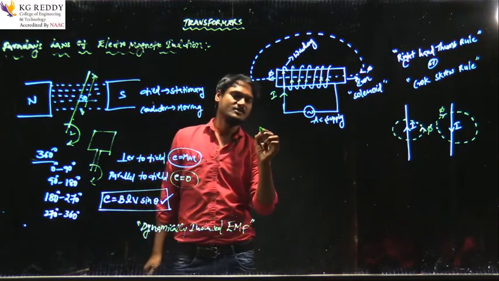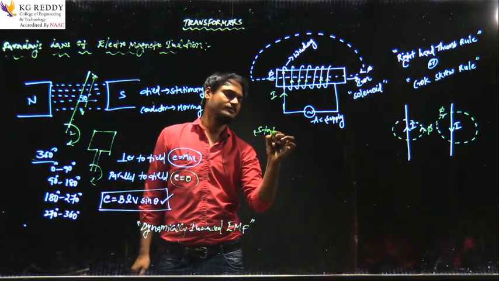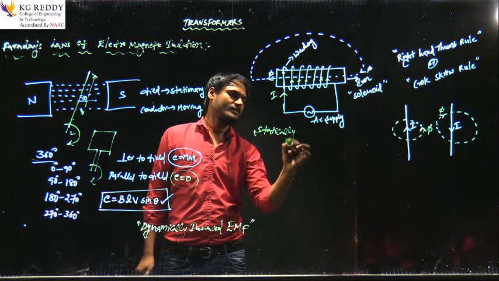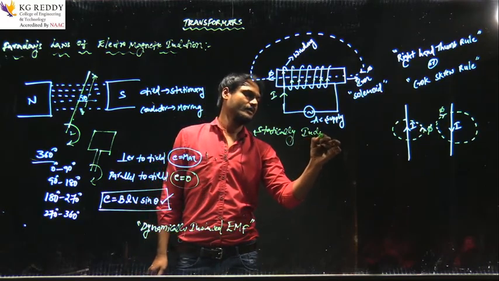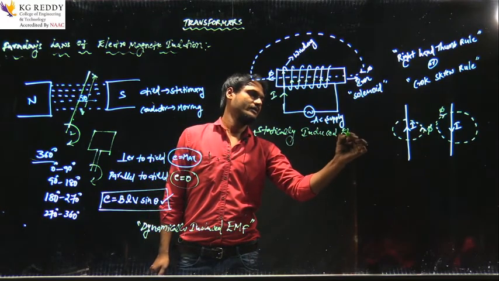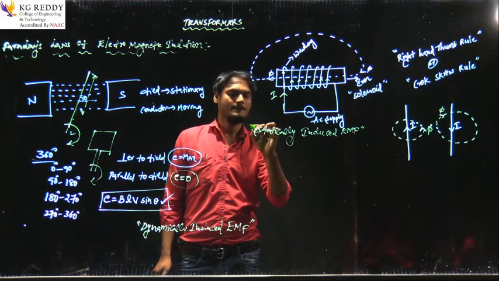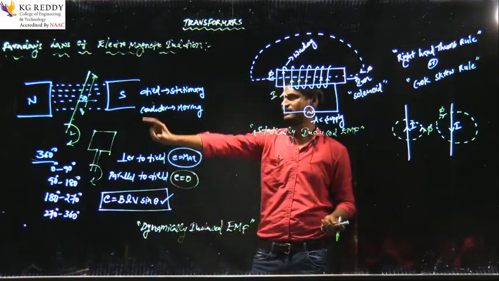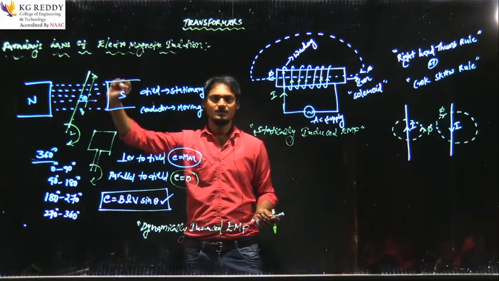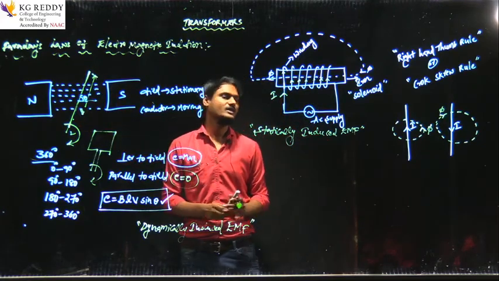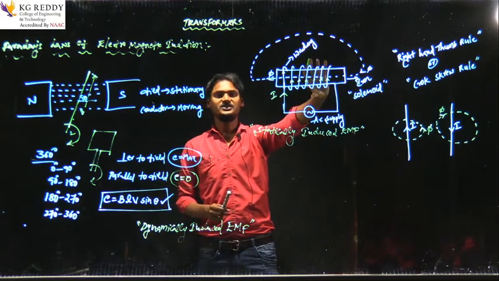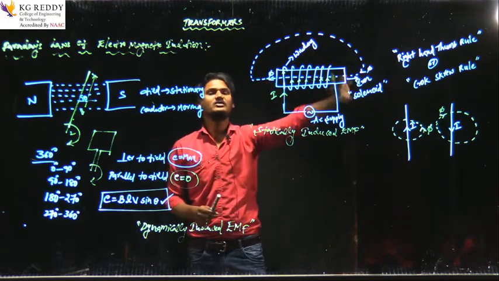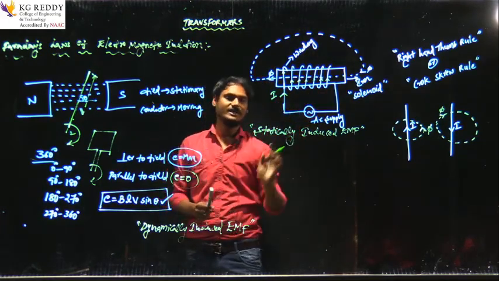Earlier, it was the dynamically induced EMF because the conductor was in motion, rotating with some velocity. Now the conductor is stationary and the field is rotating across this conductor, so it becomes the statically induced EMF.